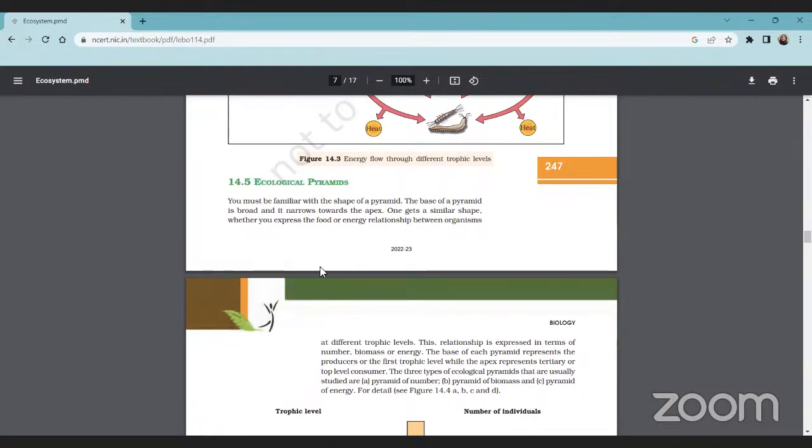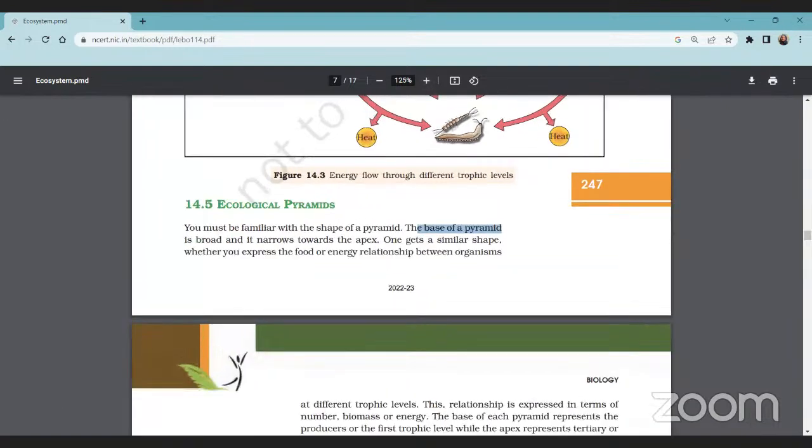In ecological pyramids, the base of a pyramid is broad and it narrows towards the apex, like a triangle. It is broad at the base and the top is narrow.